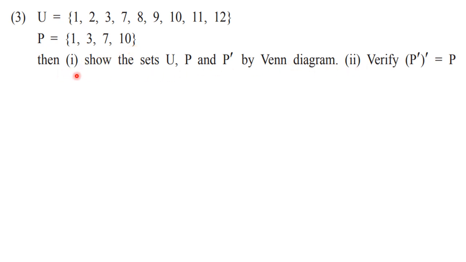First, show the sets U, meaning the universal set, P which is provided to us, and P dash. We need to find P dash by Venn diagram. And the second question is, verify that the complement of P complement is equal to P. Okay, so let us start with the solution now.